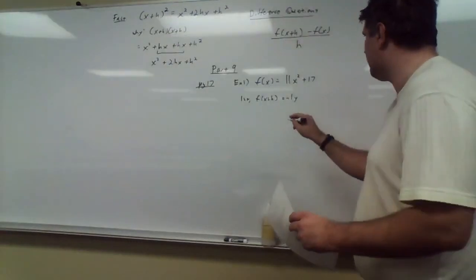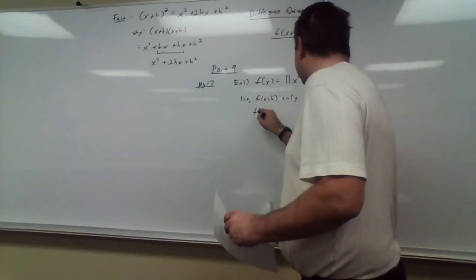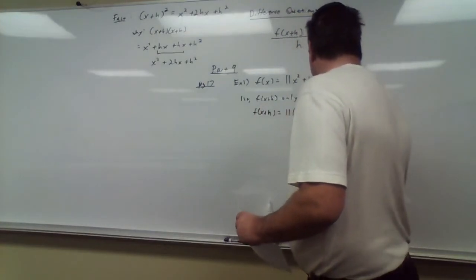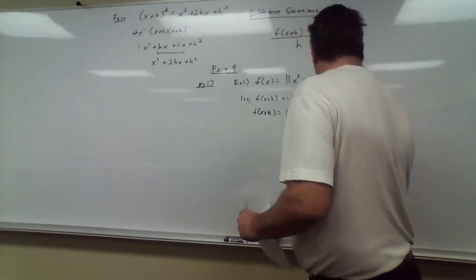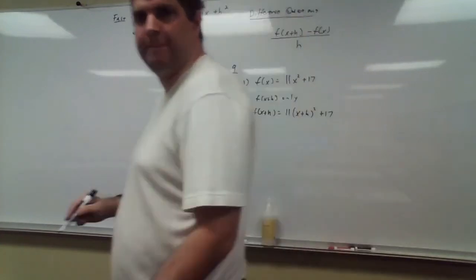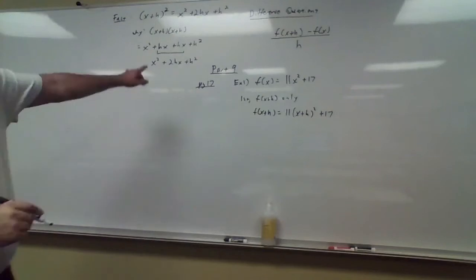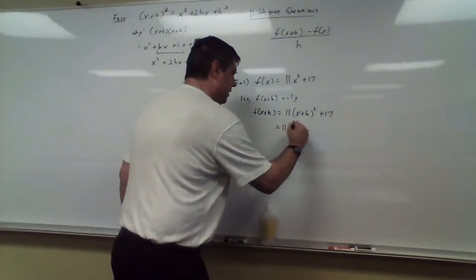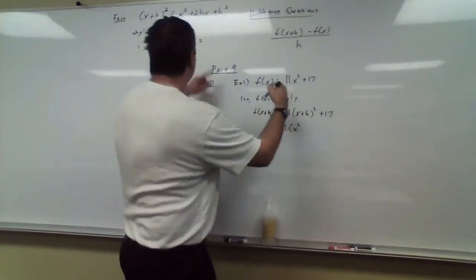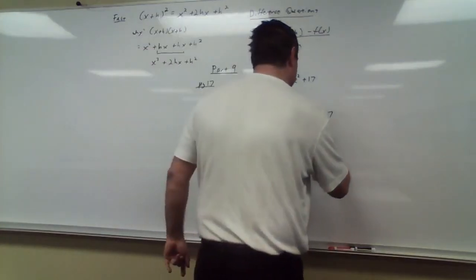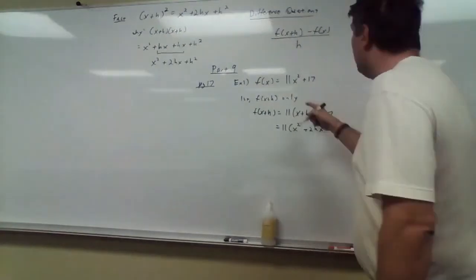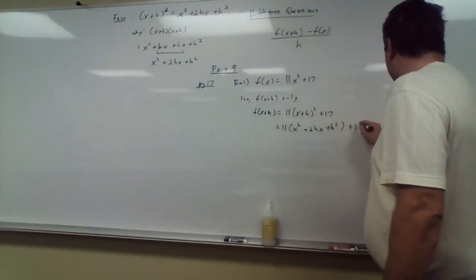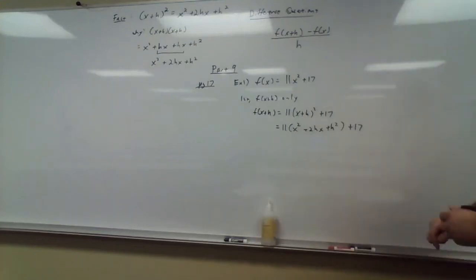Okay, so that's going to be f of x plus h equals 11 times x plus h squared plus 17. Okay, we're going to use that fact. x squared plus 2hx plus h squared, and then outside the parentheses is plus 17.